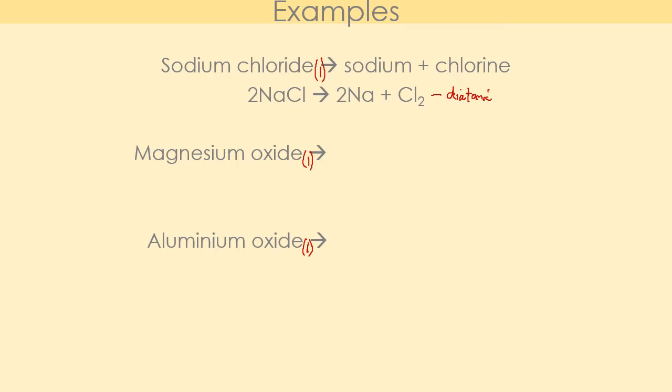If you're watching now, hopefully you've had a go at doing it yourself. You're right, we're going to make magnesium and oxygen. If you've had a go at doing the balanced symbol equation, we'll have a look if you're right. If not, have a go at trying to do it now. Remember again though, that oxygen is diatomic.